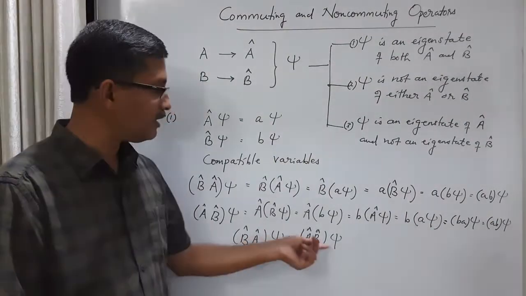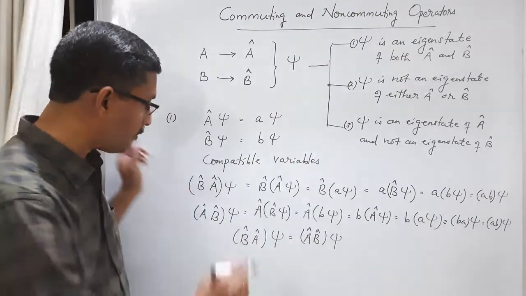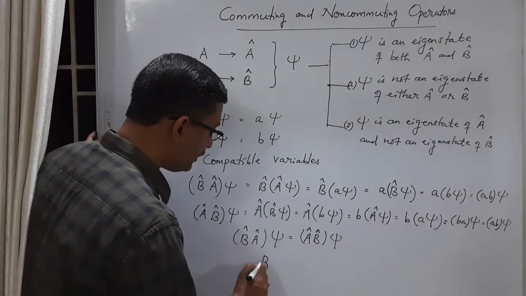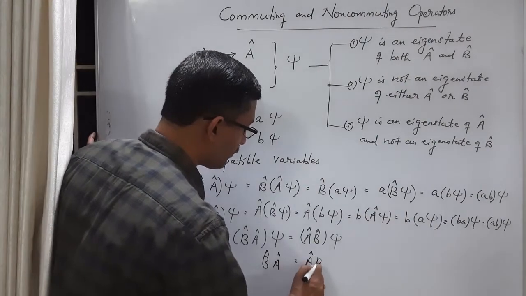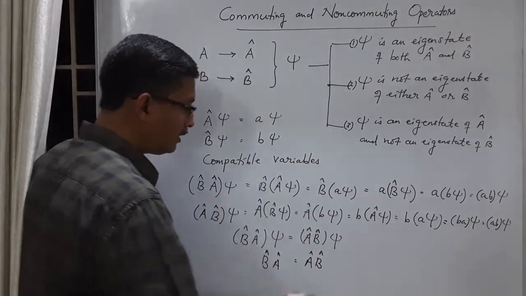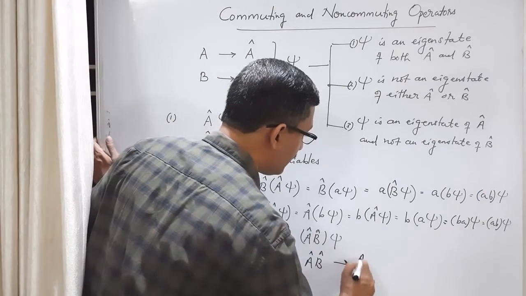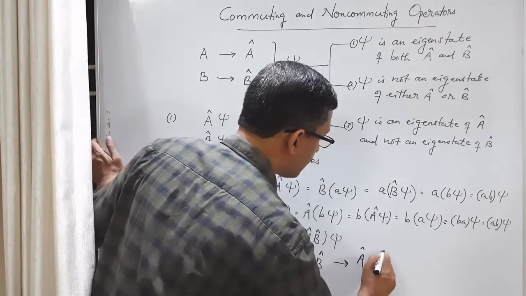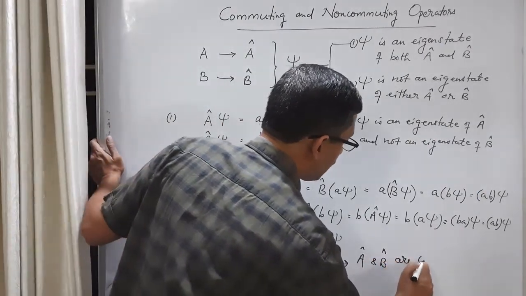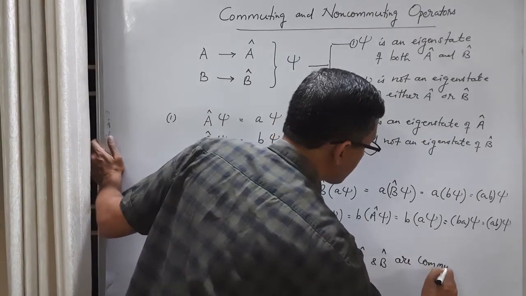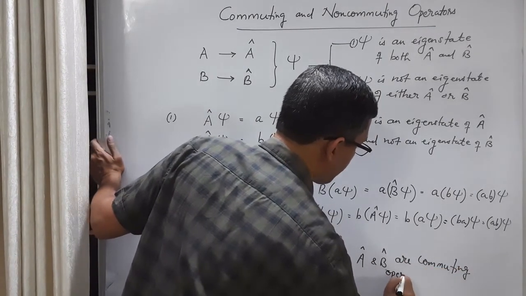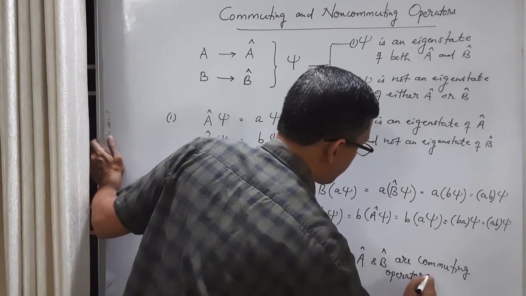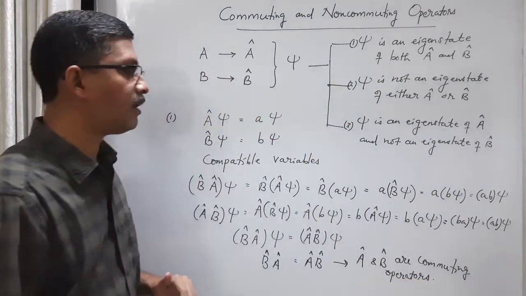So if psi is any general state of the system, then from this we can conclude that BA is equal to AB. In other words, A and B are commuting operators.